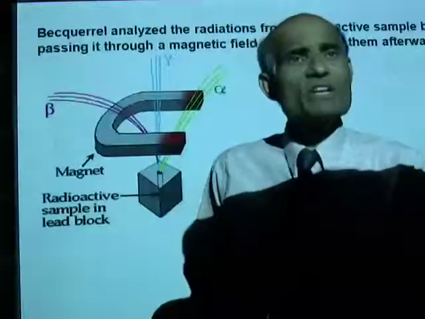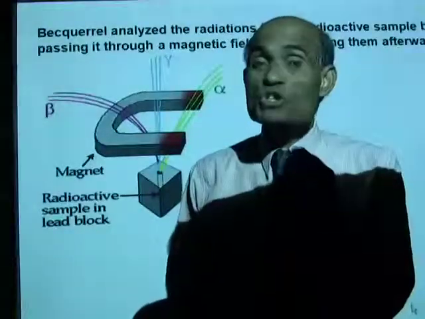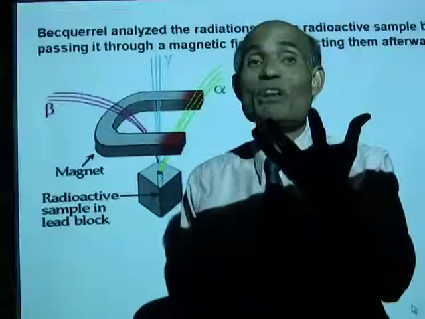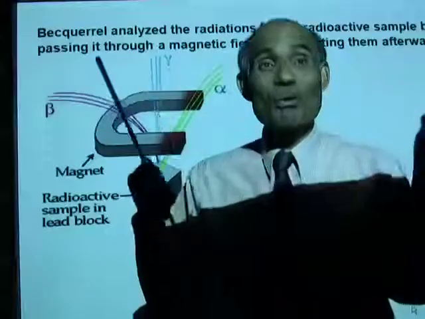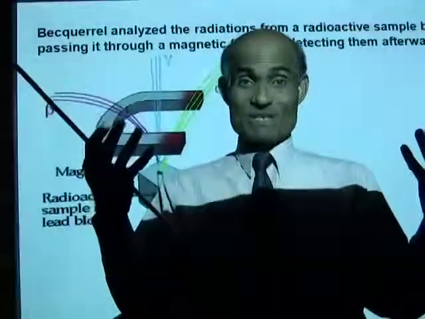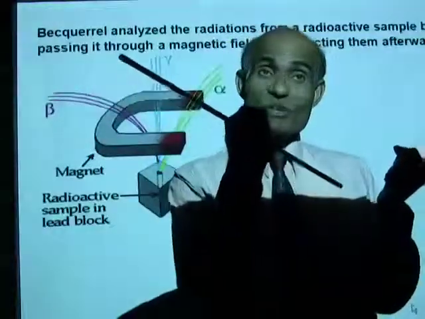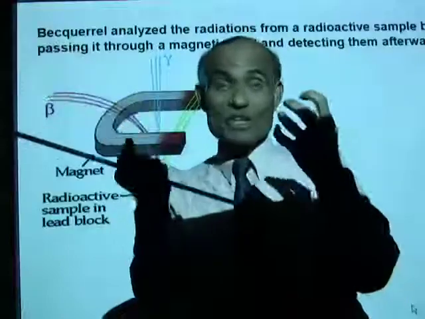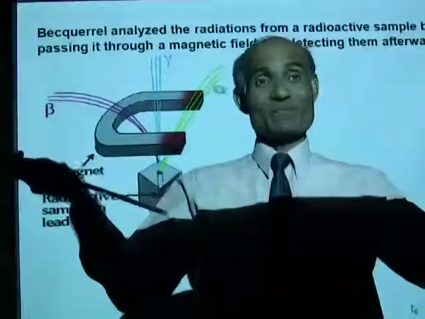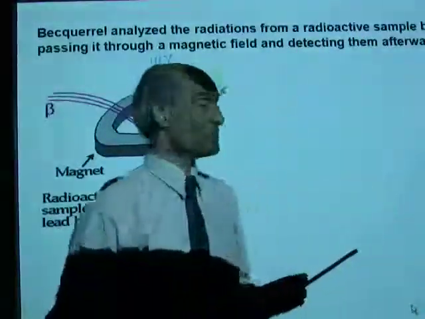Why did he do that? Well, we know that electrically charged particles, when subjected to a magnetic field, will experience a force and they will move. A positively charged particle will experience a force in one direction. Negatively charged particles will experience a force in the other direction. Now, look at the result of the experiment.